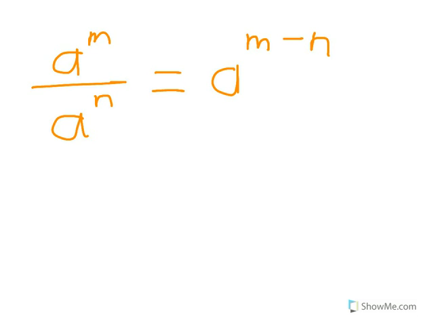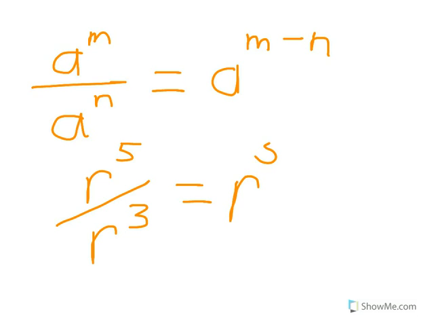For example, if I had r to the power of 5 divided by r to the power of 3, this will equal r to the power of 5 minus 3, which gives me r to the power of 2.